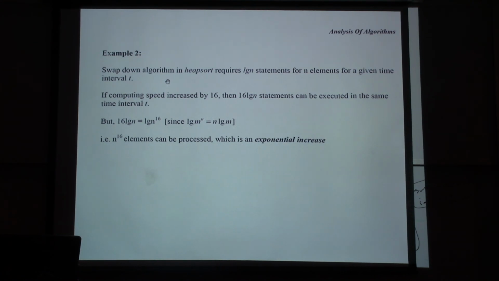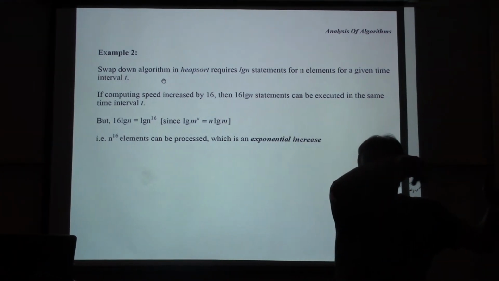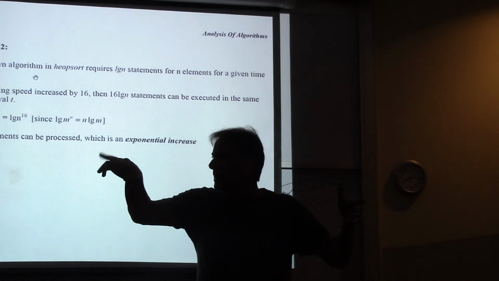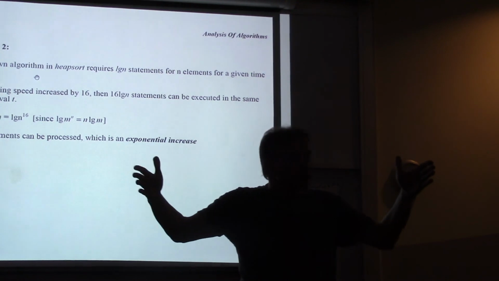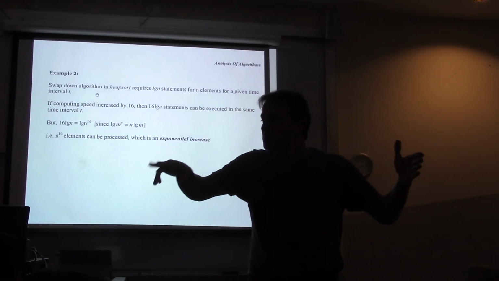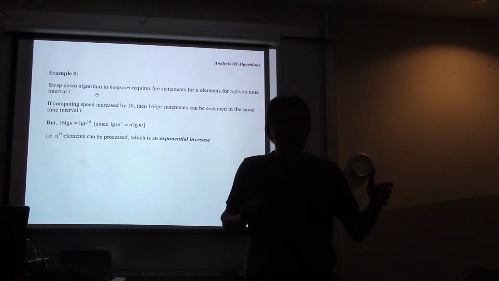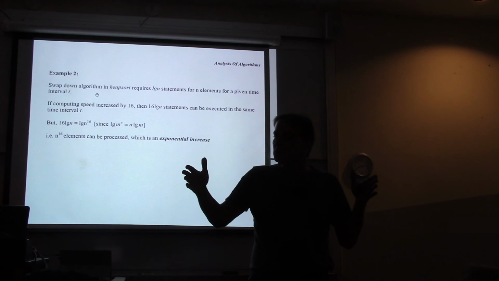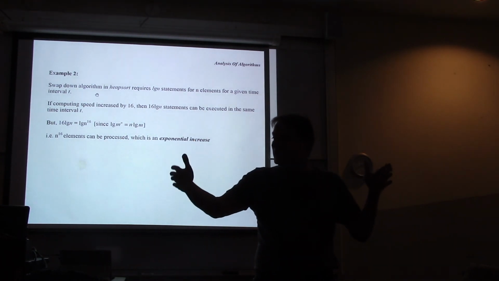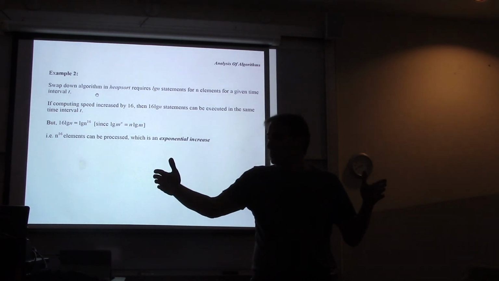And the last example I'm going to give you is, suppose that you have to go through the array, and you're just going to do some computation on each element like this. So let's say you can process n elements in time t, but you need just a linear, just one-time access to them. So you don't have to go twice like bubble sort. Now you speed up your computer by 100.